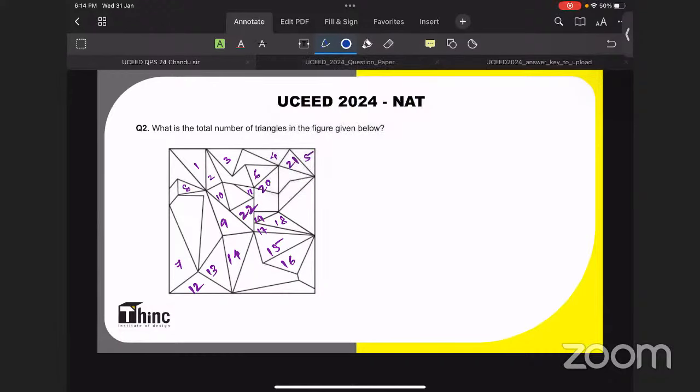And it was easy to reach up to 23. Actually, while counting, I just missed one in between.